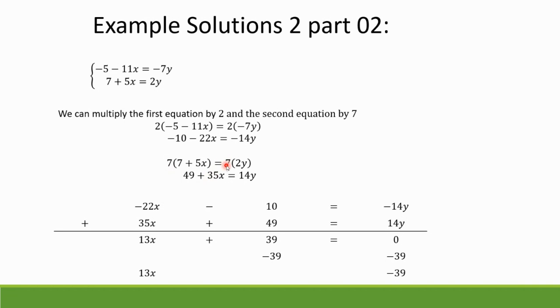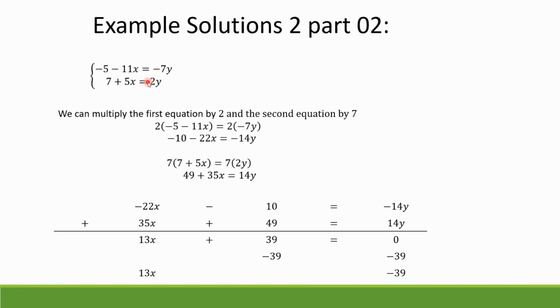And now we can add the equations. Again, the whole point is, remember, you want it so that when you add the equations, one of the variables, x or y, cancels. I'm really choosing y arbitrarily. I could try to cancel x. But when we add here, initially, they're not going to cancel, right?